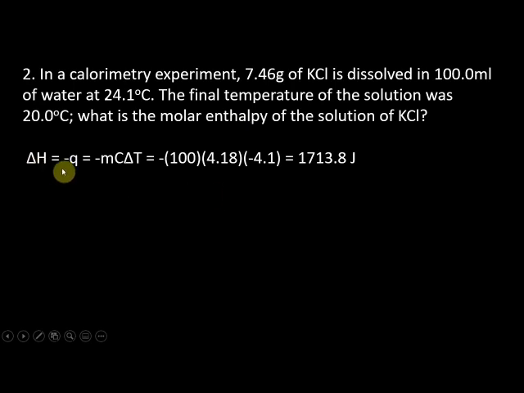All right, so delta H equals, in this case, it's going to be negative Q, right? Because the system is losing energy. So negative mc delta T gives us 100 times 4.18 times negative 4.1.